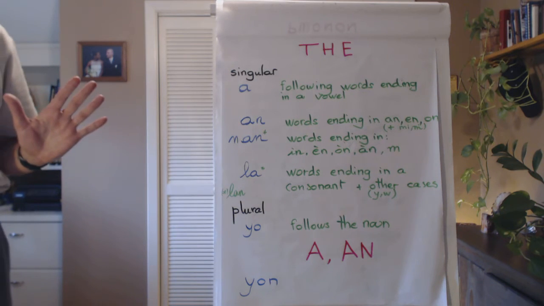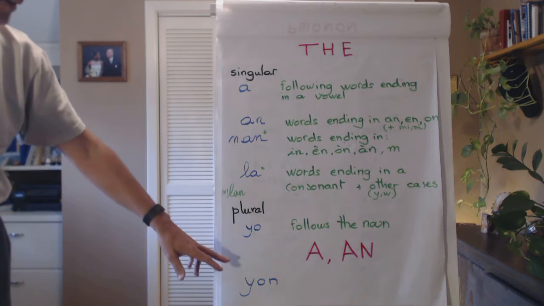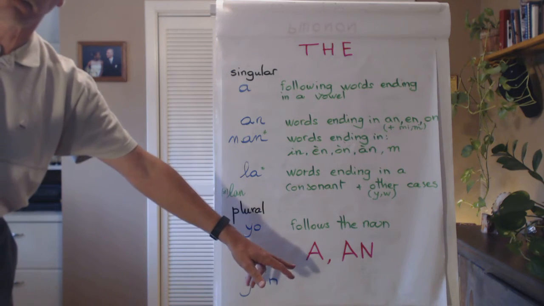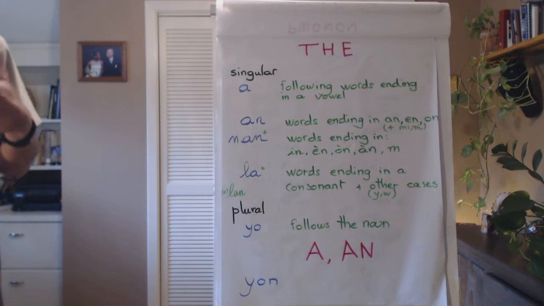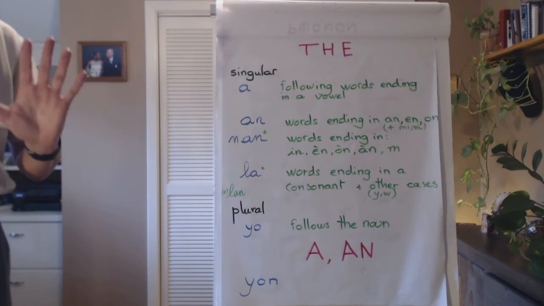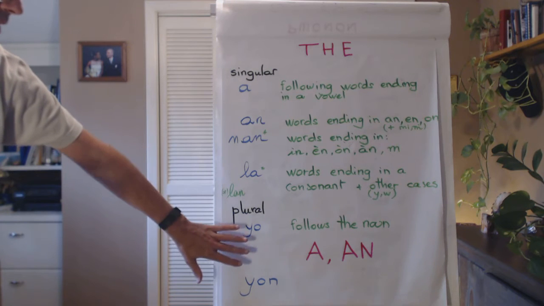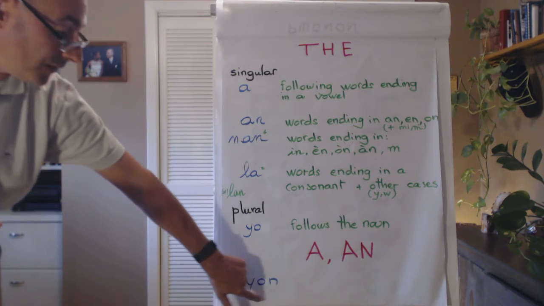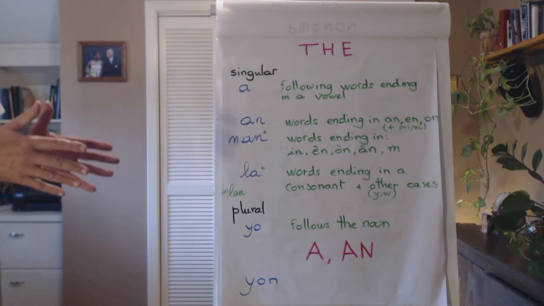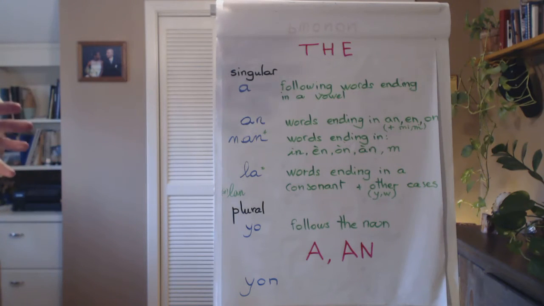Same thing in Creole. We'll say yon machine, a car, and then if we want to say cars, we'll say machine. So very simple when it's indefinite, and like in English, the indefinite article will be placed before the noun.